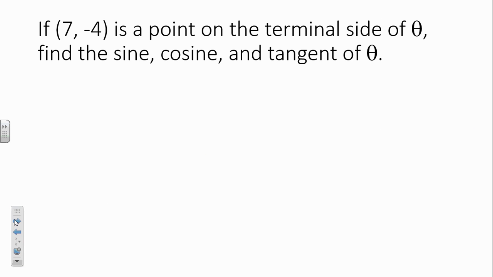Okay, so we have an ordered pair now. That ordered pair is 7, negative 4, and it's a point on a terminal side of an angle theta. If we sketch this, we are 7 over, 4 down.